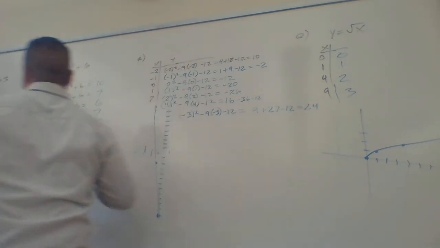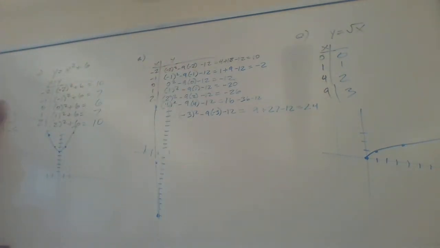And then the very next one, you have square root of x plus 5. Sometimes I write the equation up here too. Even with that one, you can still use the very same points, because you know the square roots of these things.